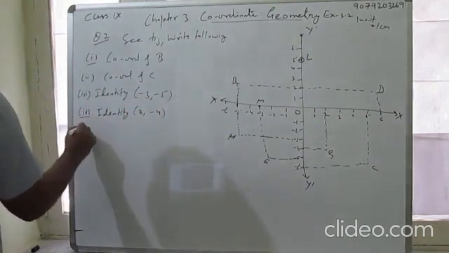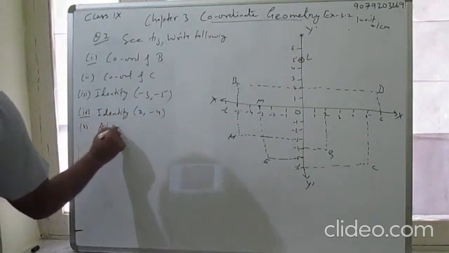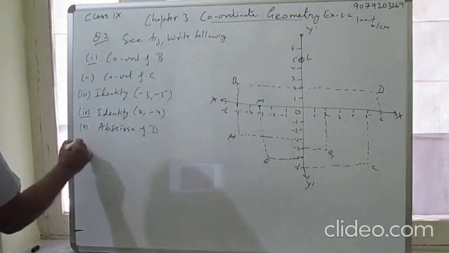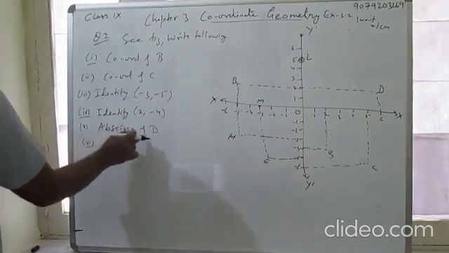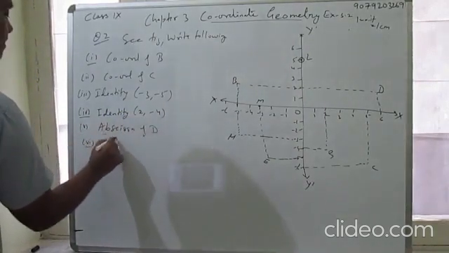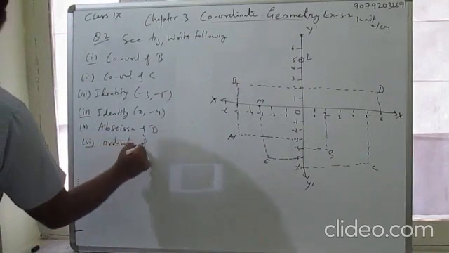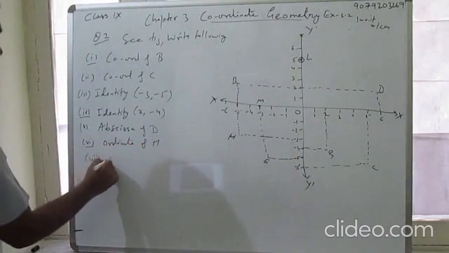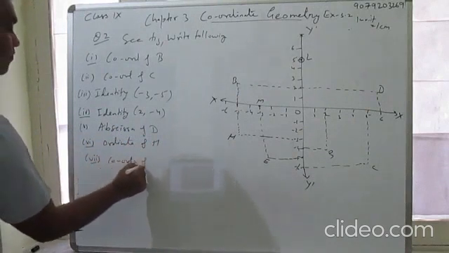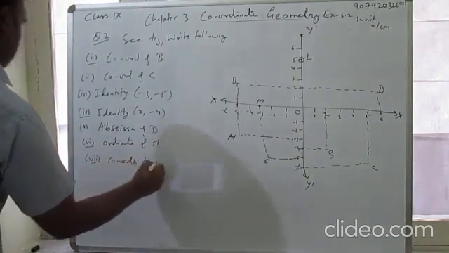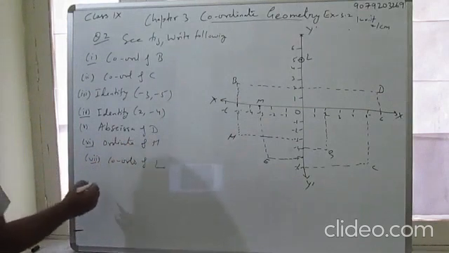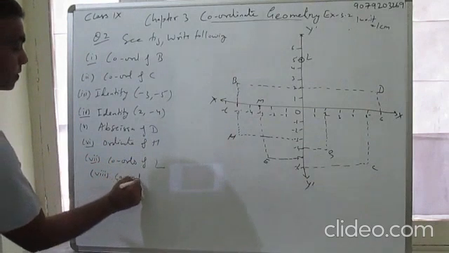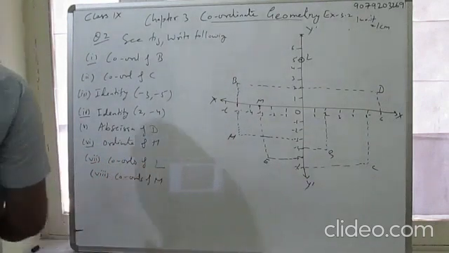Abscissa of D. Fifth, what is the abscissa of D? Tell only what is asked, only the required value. Ordinate of H, coordinates of L, and coordinates of point M. This you have to tell.